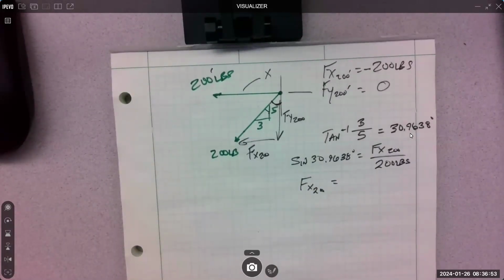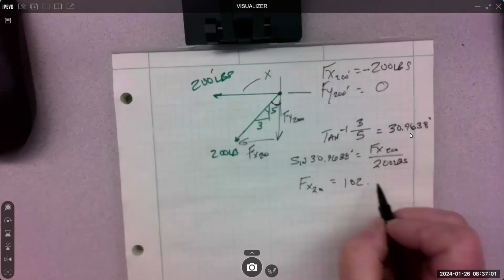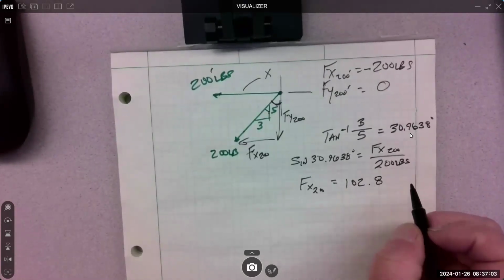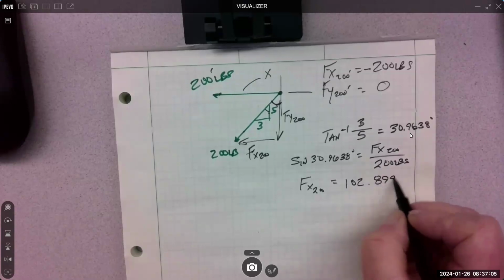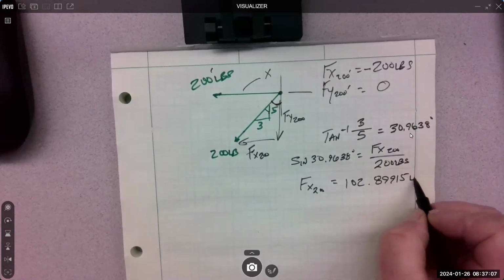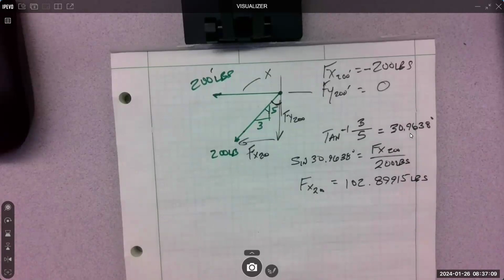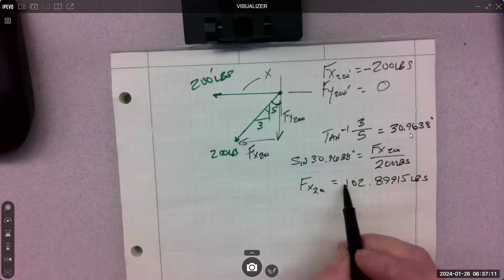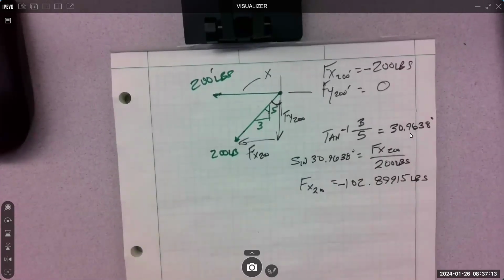sine. I'm telling you, the reflection's brutal. 102.89915 pounds, and is it positive or negative? Negative.